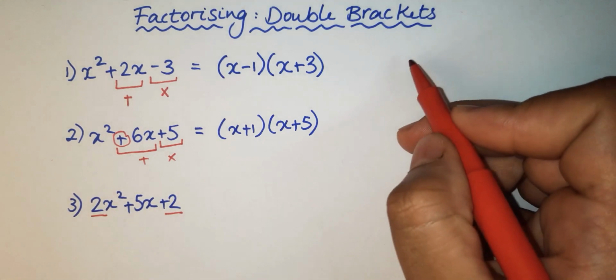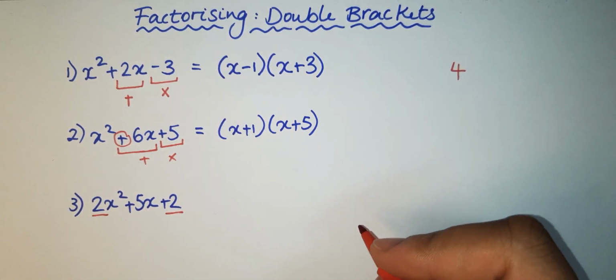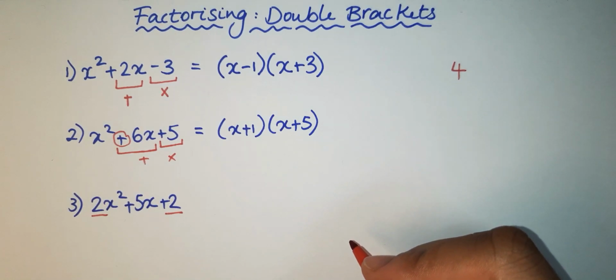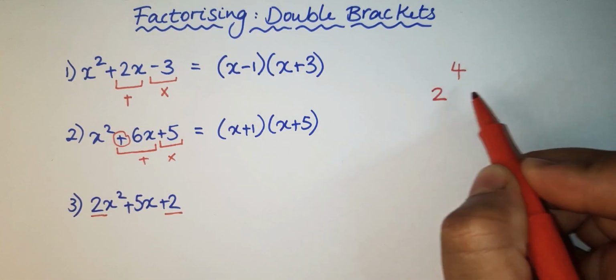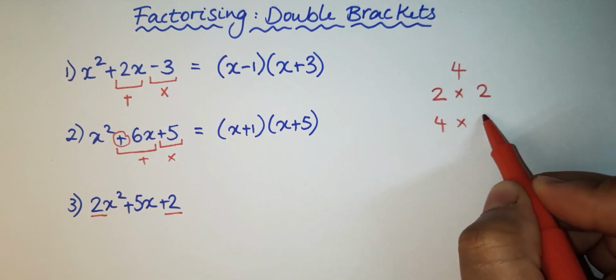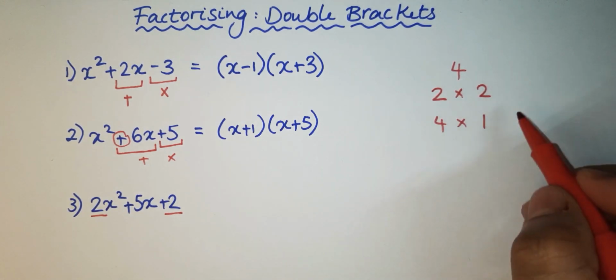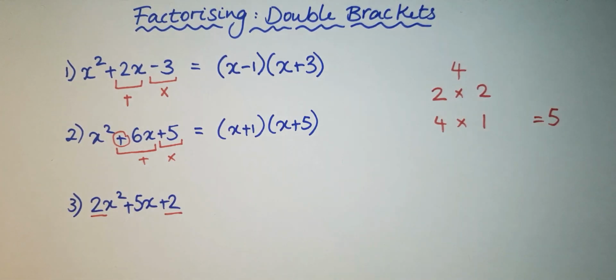When we get 4, we look at the numbers that multiply to make 4 but add to make 5. So we have 2 times 2 and we have 4 times 1, which give us 4. Now if we add the 4 and the 1, it would give us 5.